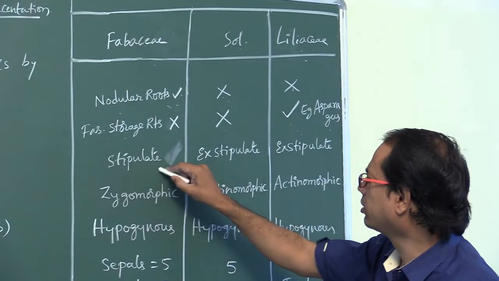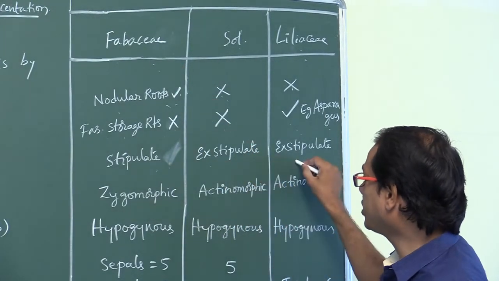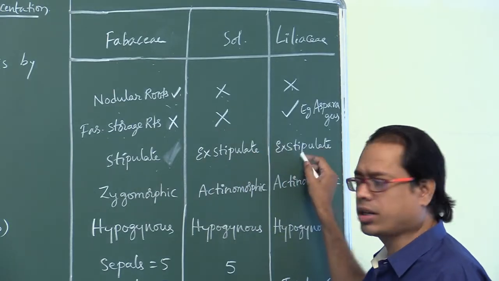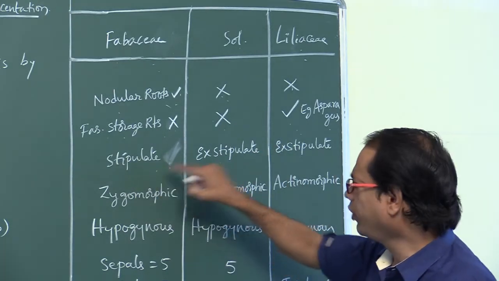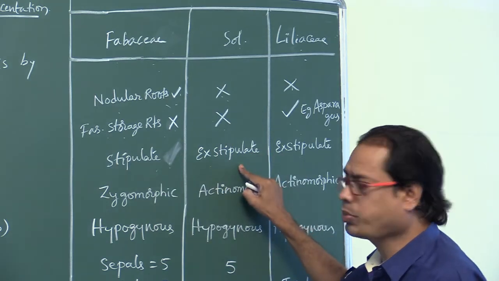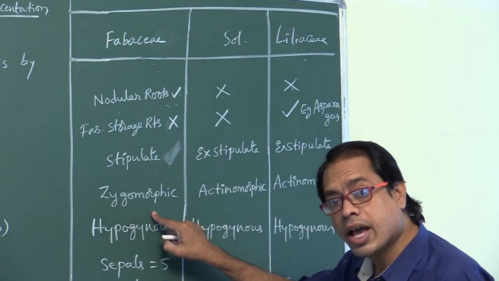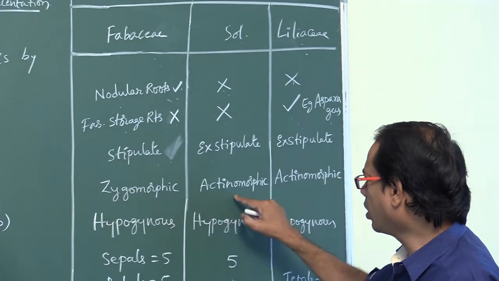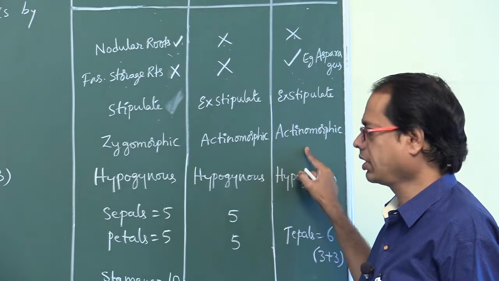Stipulate condition is found in Fabaceae. In Solanaceae and Liliaceae, exstipulate condition is present. Stipulate means the leaf with stipules. Without stipules is called exstipulate. Zygomorphic symmetry is present in Fabaceae, whereas in Solanaceae and Liliaceae, actinomorphic symmetry is present.